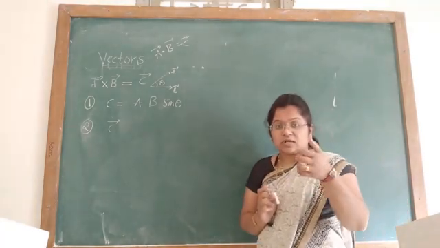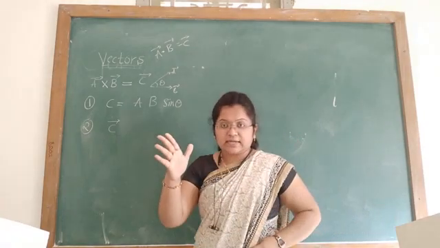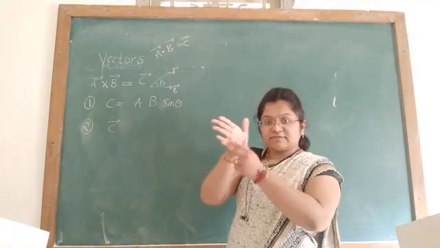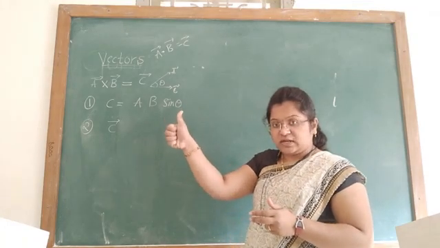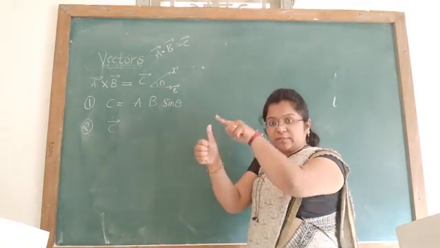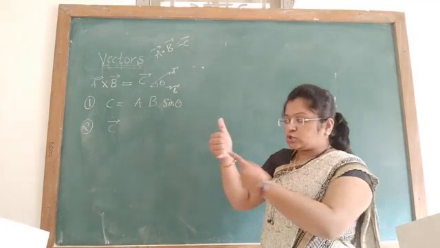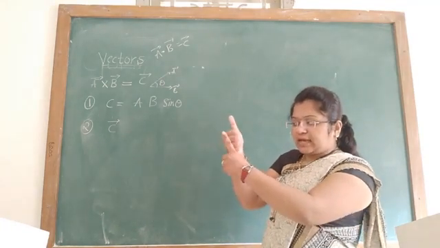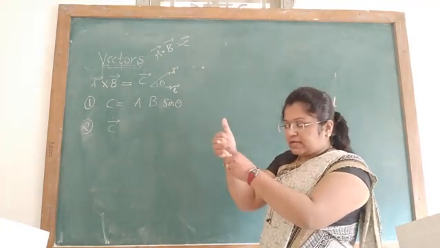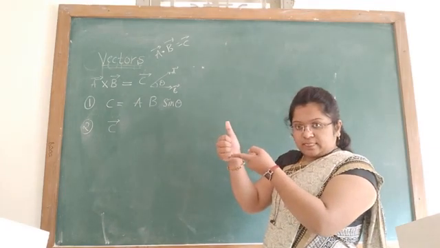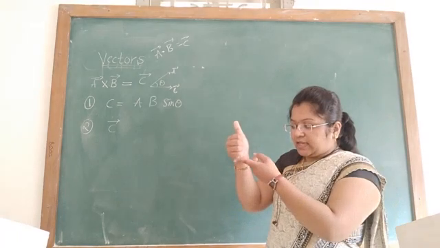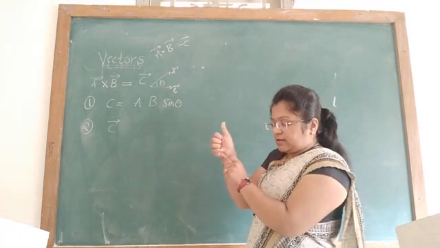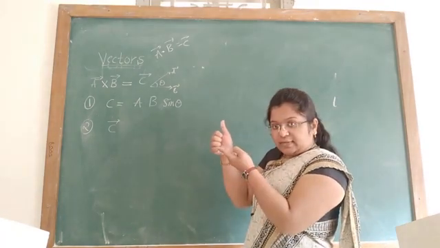What does the right hand rule mean? See, this is my right hand. I am curling these fingers like this, and the thumb is in this direction. Here we have one direction like this and one direction like this, which means we have the vectors A and B here.